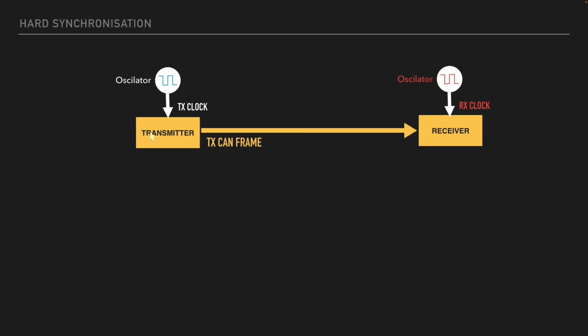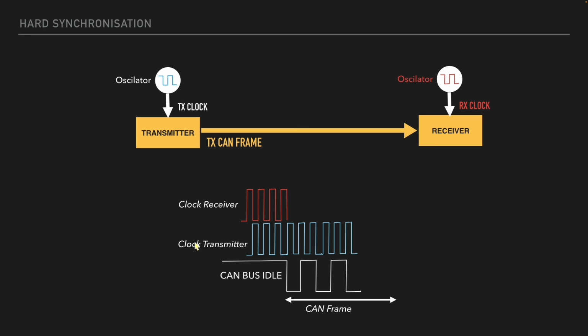We have one CAN device which is going to transmit a CAN frame after the CAN bus was idle, and we have the other CAN devices that are going to receive that CAN frame. The oscillators on both sides are out of sync. So the clock of the transmitter, the blue one right here, is this clock that we have here on the transmitter.